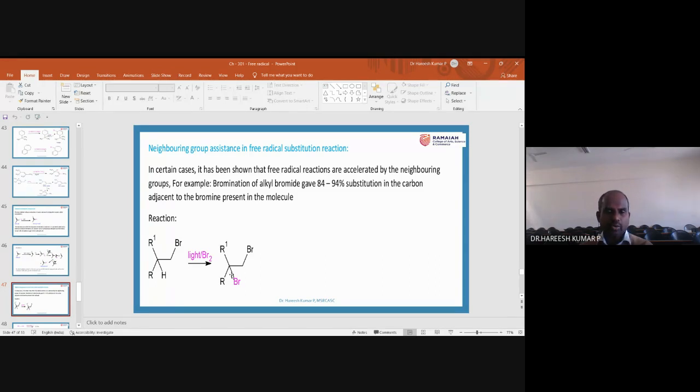So here what you can observe is that there will be a replacement of this hydrogen with Br. That means there is halogenation at this carbon. That is the reason you will get a dibromo compound.